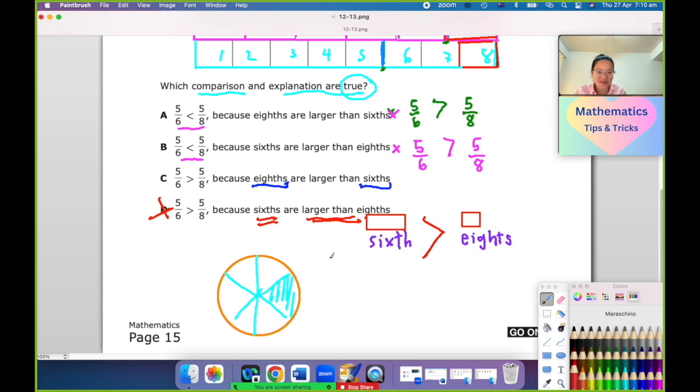But if you divide it by 8, you can see that it's like this: 1, 2, 1, 2, 3, 4, and then 8 of them.